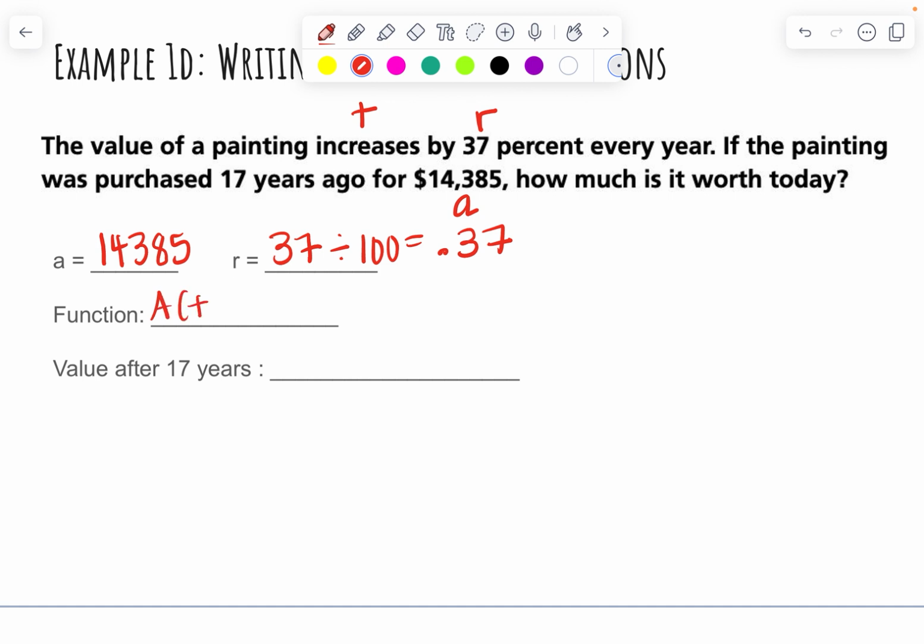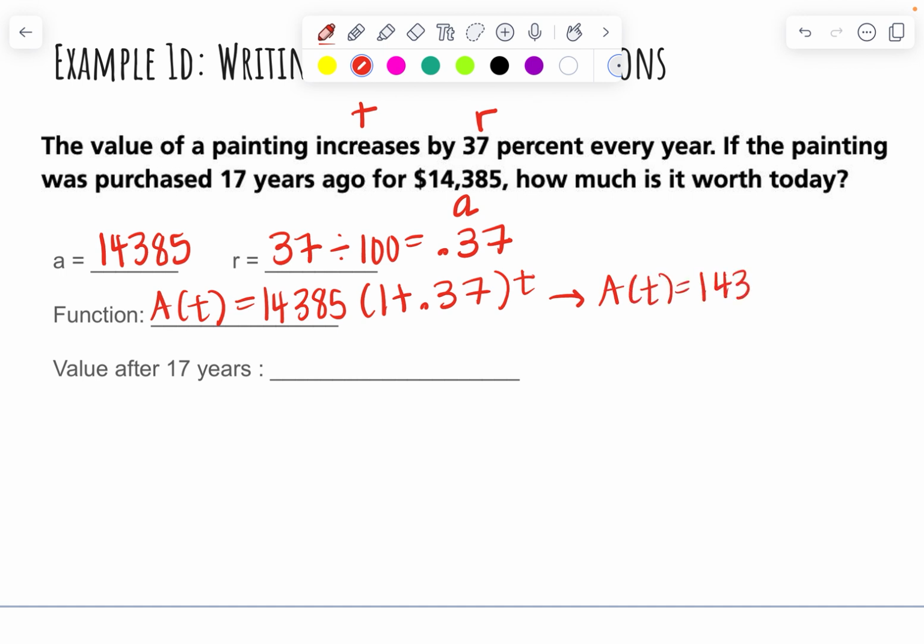So our function then, A of t is 14,385 times 1 plus 0.37 to the power of t, which then simplifies to A of t equals 14,385 times 1.37 to the power of t.